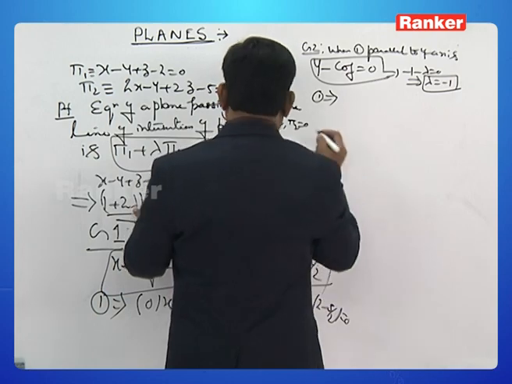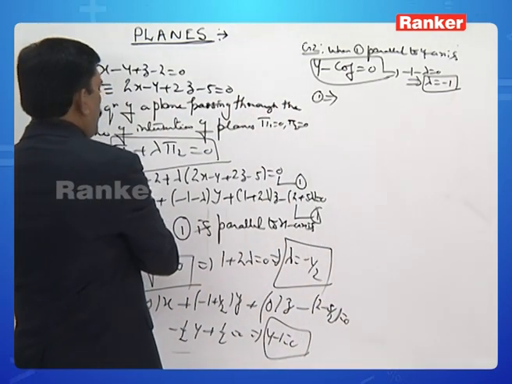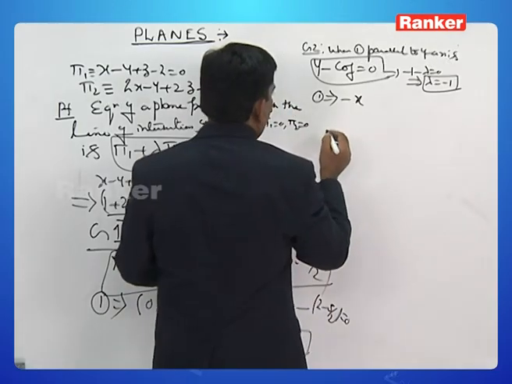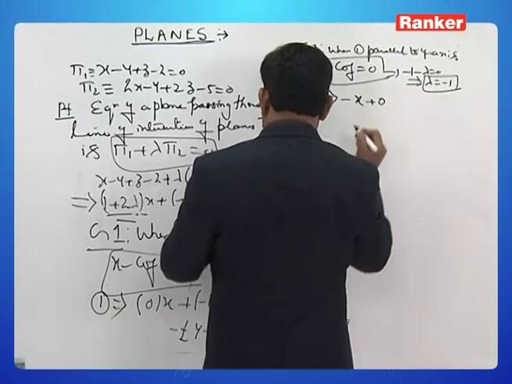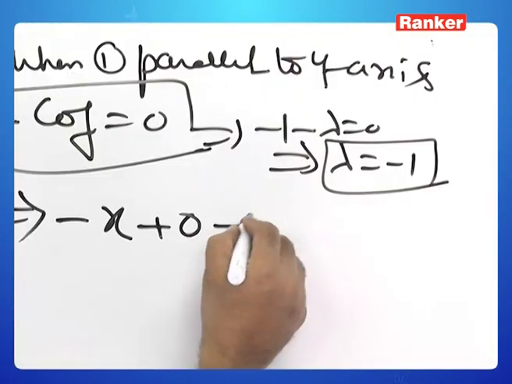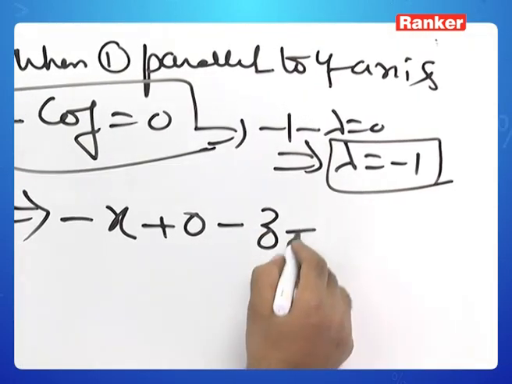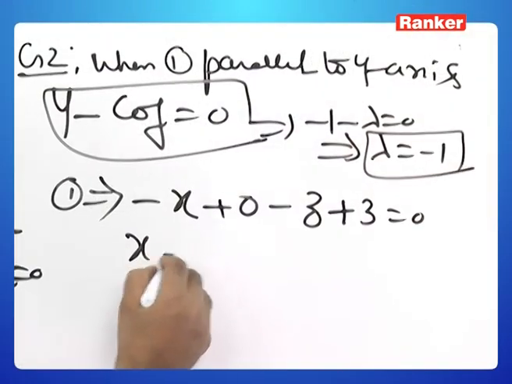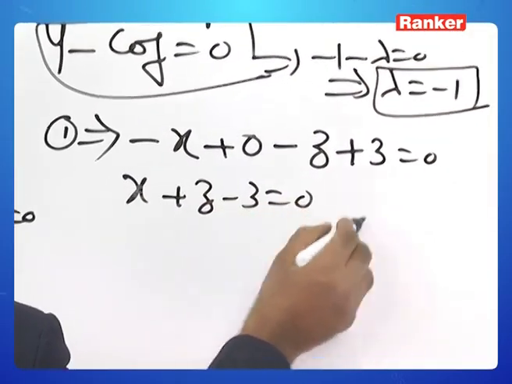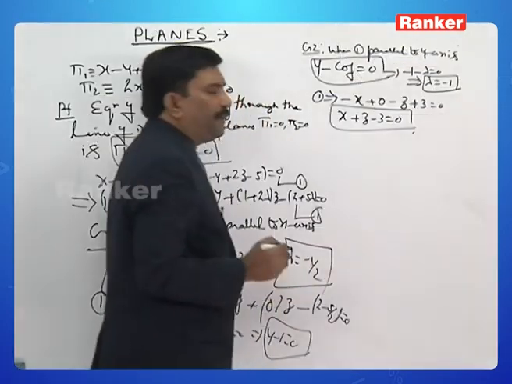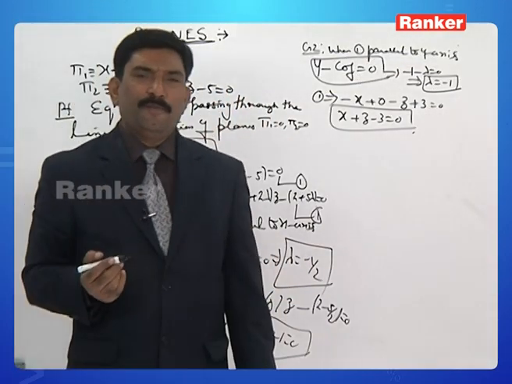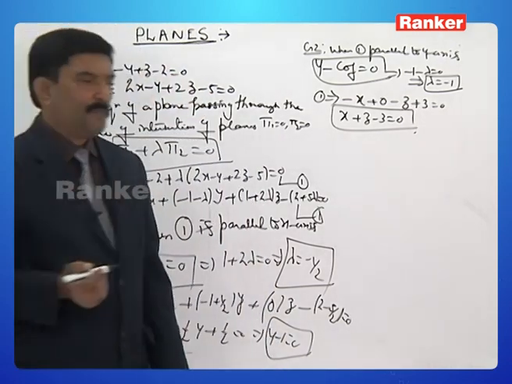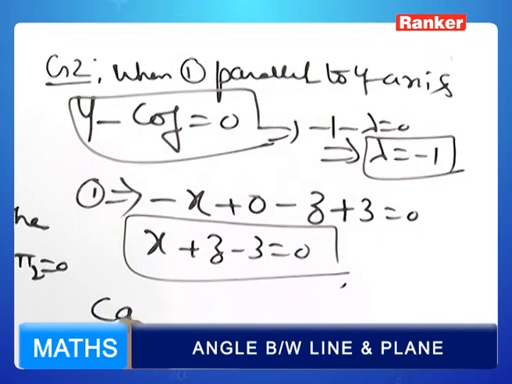Substitute lambda minus 1, therefore minus x, here this becomes minus 1, 0. Next here, that is minus z, here plus 3 is equal to 0. Therefore now I can write x plus z minus 3 is equal to 0. This is the equation of a plane parallel to y-axis.